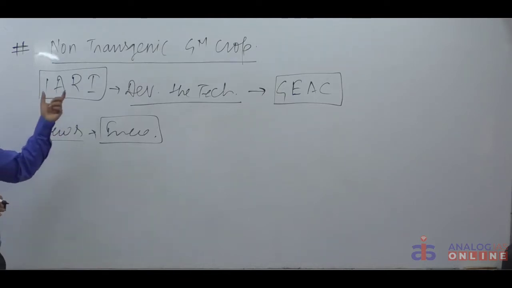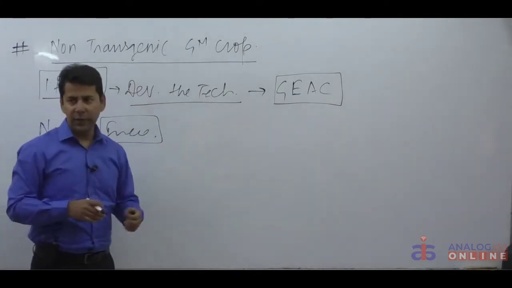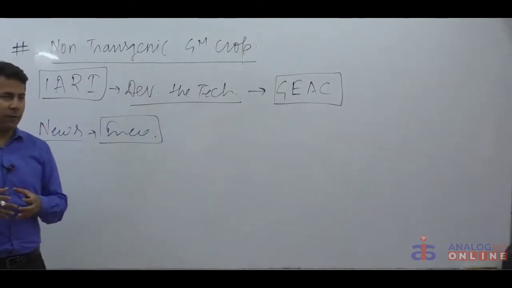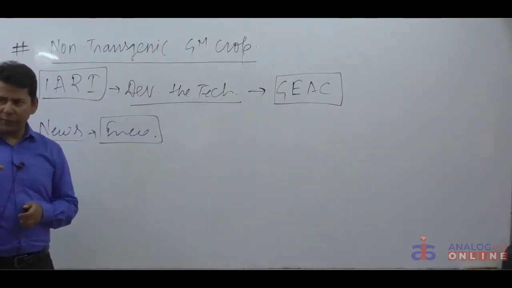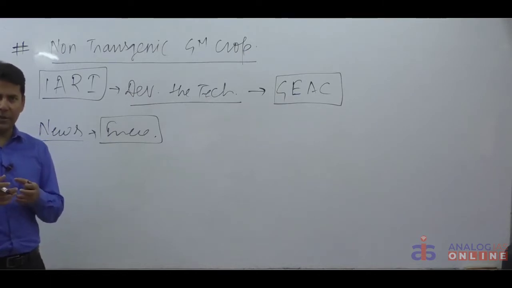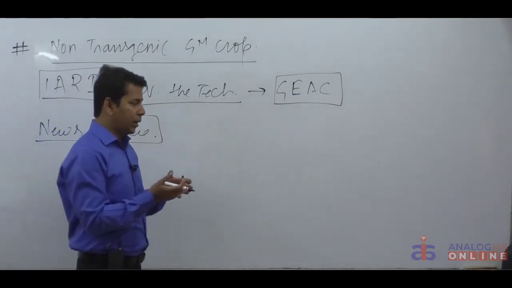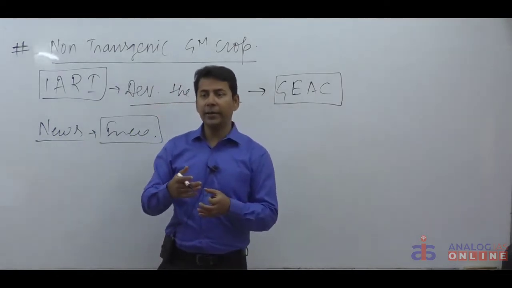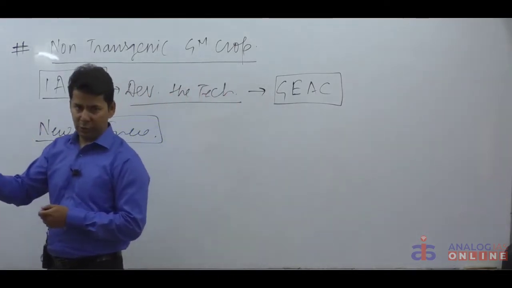Let's say IARI or any agricultural research institute or any laboratory or GEAC itself, they involve farmers for field trials. And in the field trial, they provide seeds of the GM crop, which is not yet accepted for normal cultivation. And then the farmers are motivated by the benefits of this GM crop, and they change the seed. You got my point?